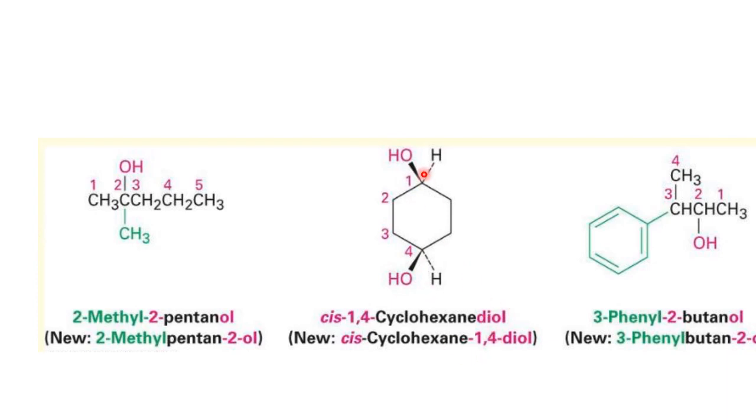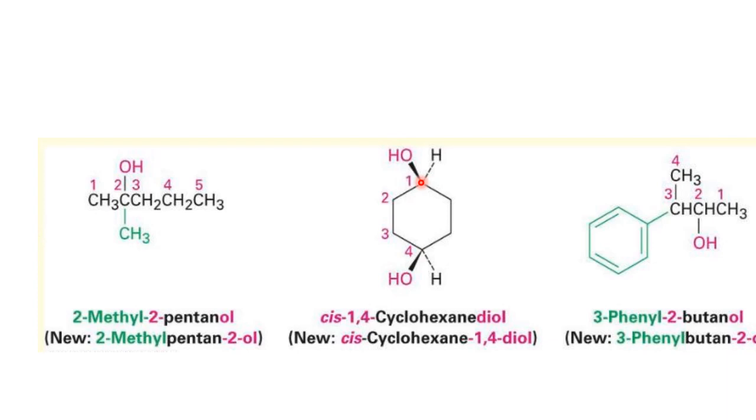Diol. If we have one OH, as we're gonna see later, cyclohexanol, because we have two OHs, cyclohexanediol. Now one of the all must have number 1, the another one must have the least possible number.